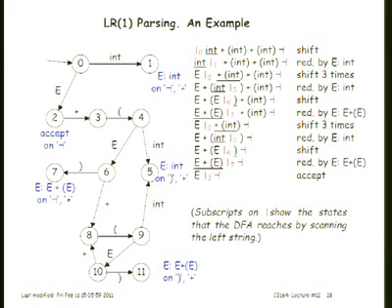And as you see, if you follow this, we will eventually get down to the point where we have just the plain E. So at each point, we have followed this machine through, and it's told us what to do with the input, by essentially recognizing when we have a handle.